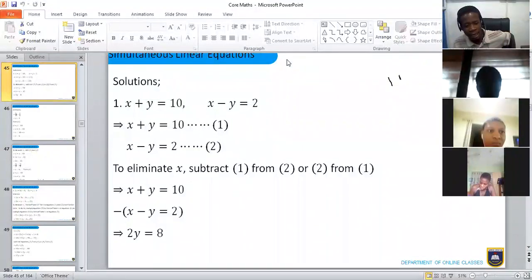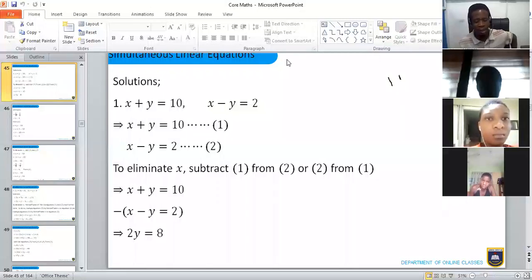So you decide, are we going to eliminate x or are we going to eliminate y? We say we want to eliminate x. So to eliminate x, now we check if the signs are the same.